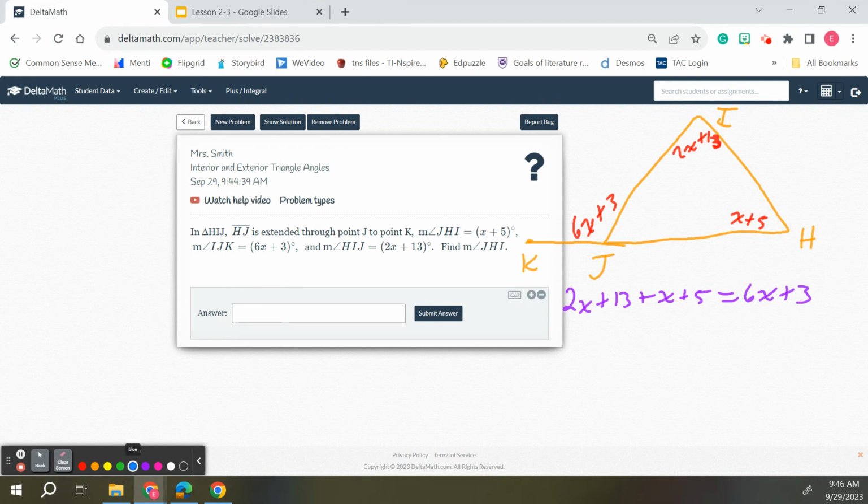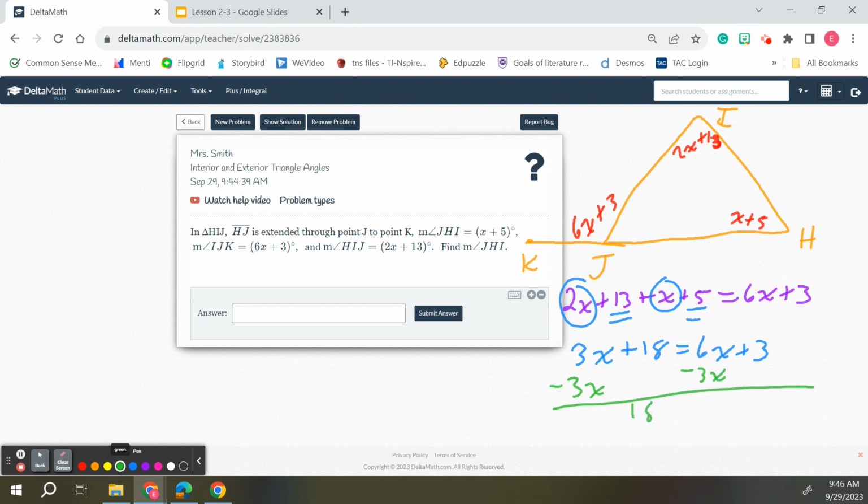Everybody with me so far? I'm going to combine my like terms. That gives me 3x. I'm going to add those together. That gives me 18. This is 6x plus 3. Right now, I'm going to subtract the 3x from each side.